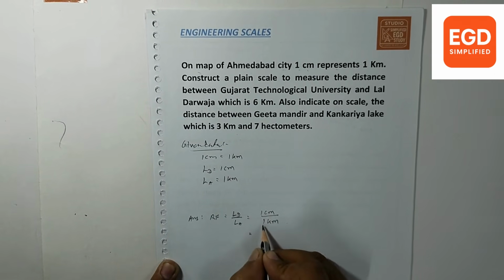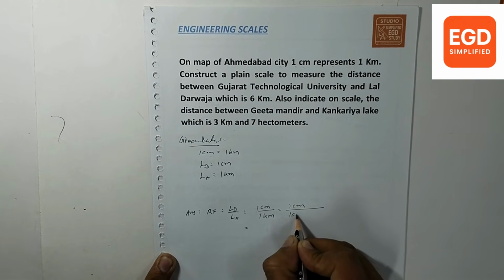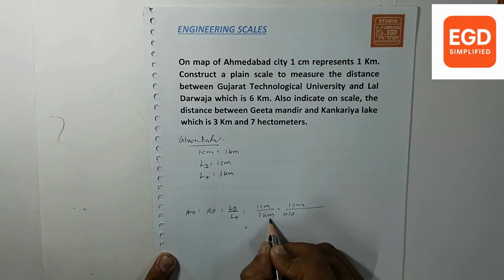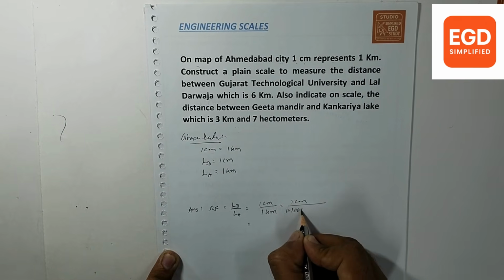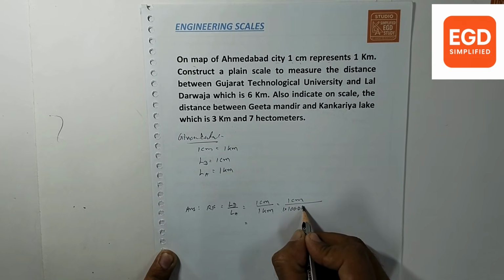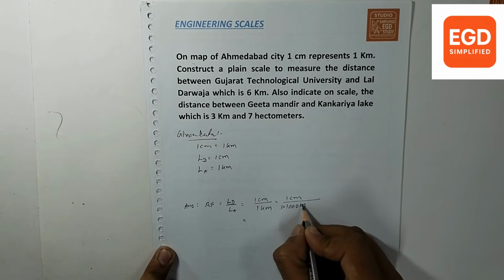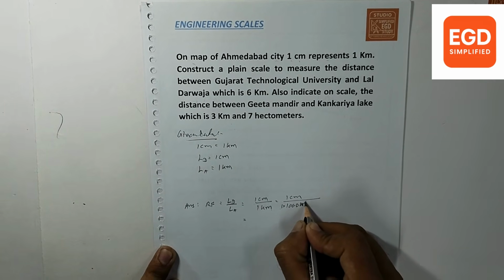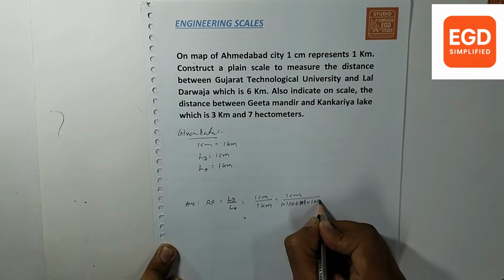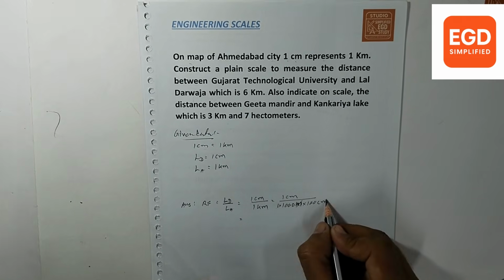So convert this kilometer into centimeter. 1 centimeter divided by 1 kilometer, which will be converted into meter, so we multiply by 1000. Now we have to match the units, so from meter we convert into centimeter by multiplying by 100.